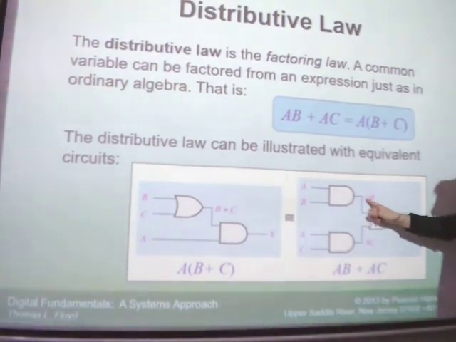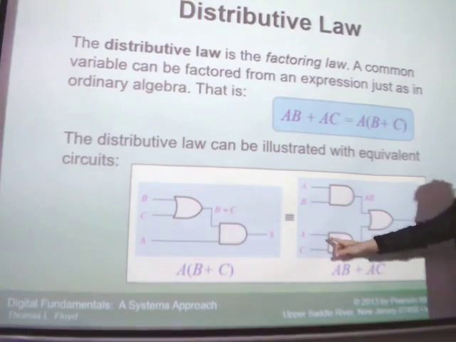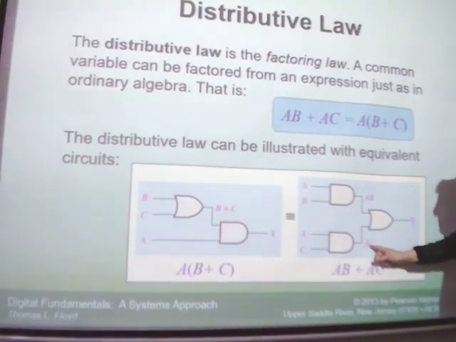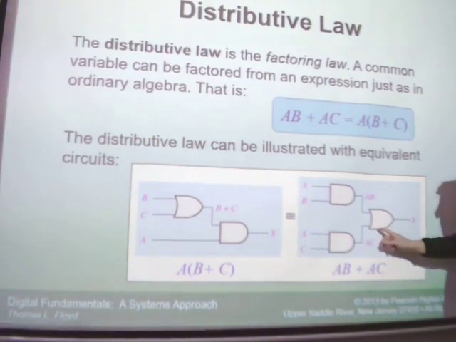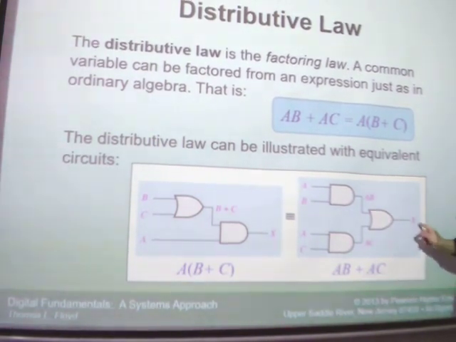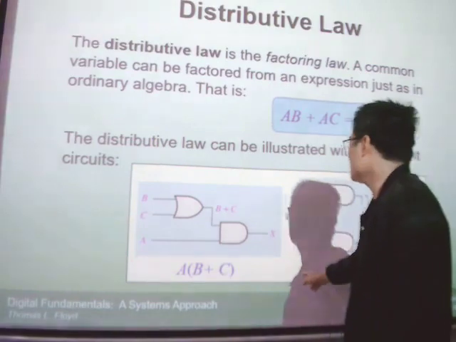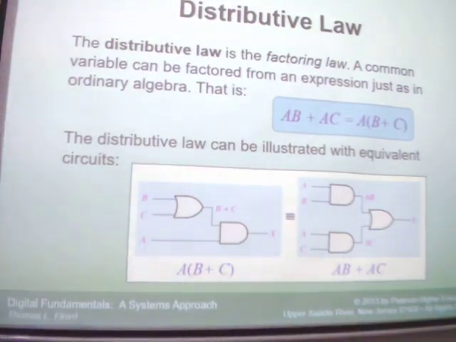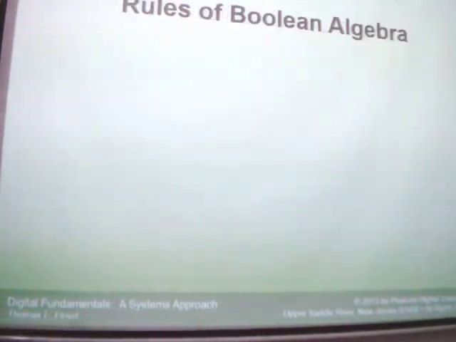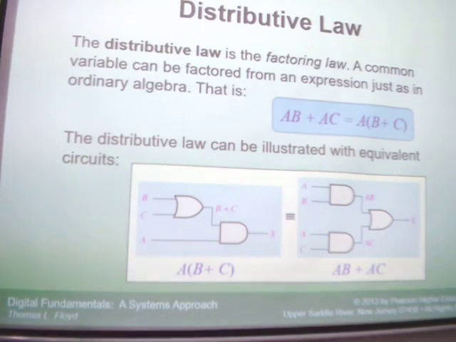This is A and B, this is A and C, then OR them: A and B or A and C equals X. They are equivalent. This is the distributive law.